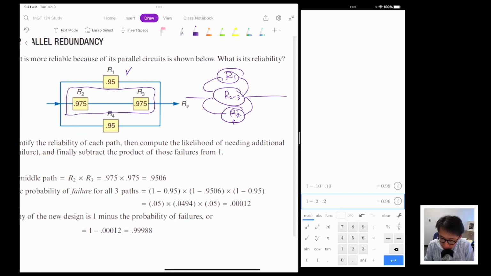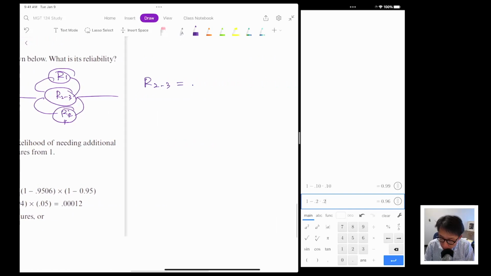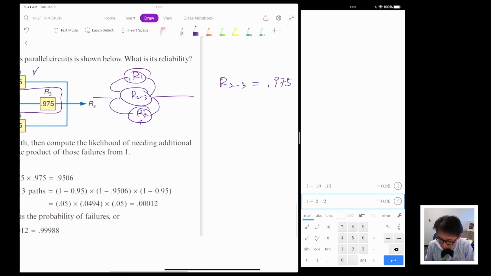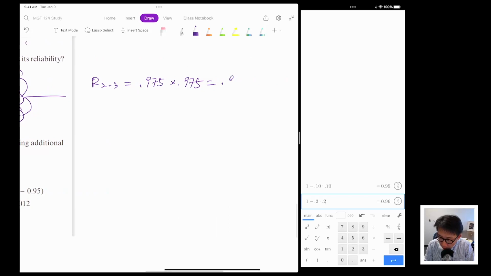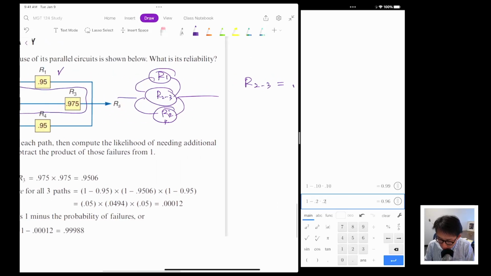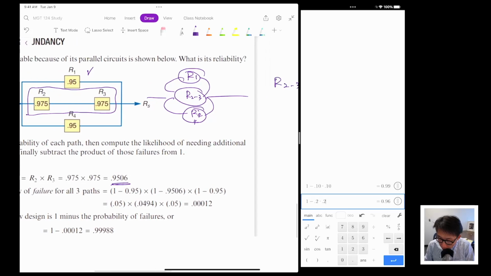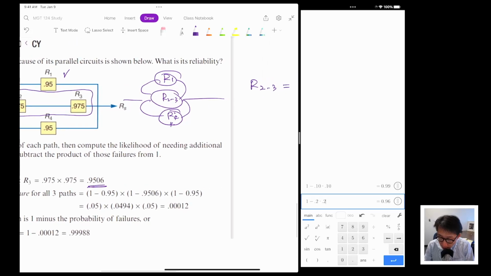This is obviously a series system, so it's going to be 0.975 times 0.975. You will get something like 0.9506, because it has been calculated already. Then it will simplify into something like R1 with R2, 3, and R4 as a backup. As long as any one of those is working, the system is considered working.